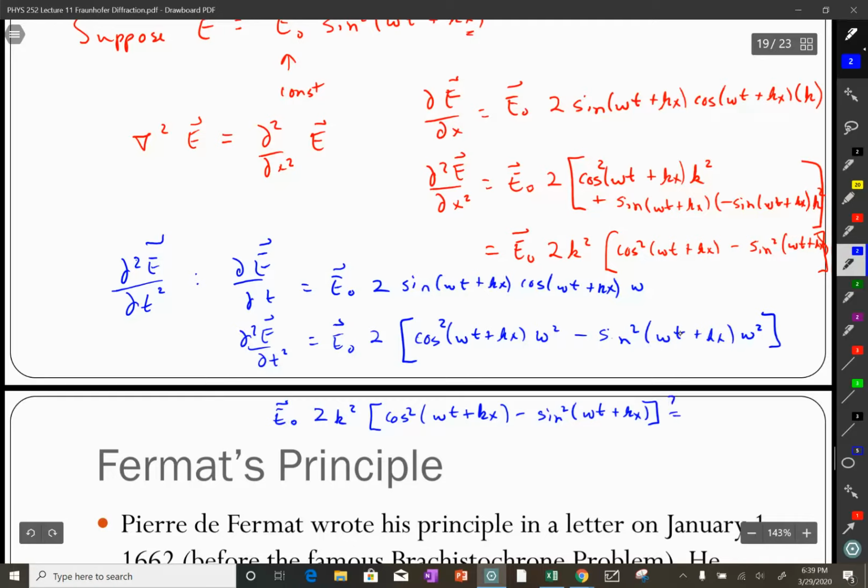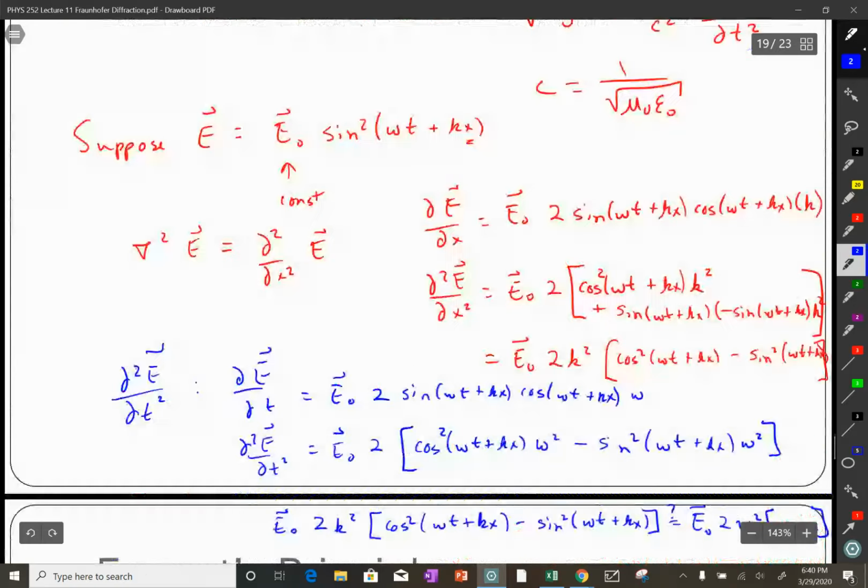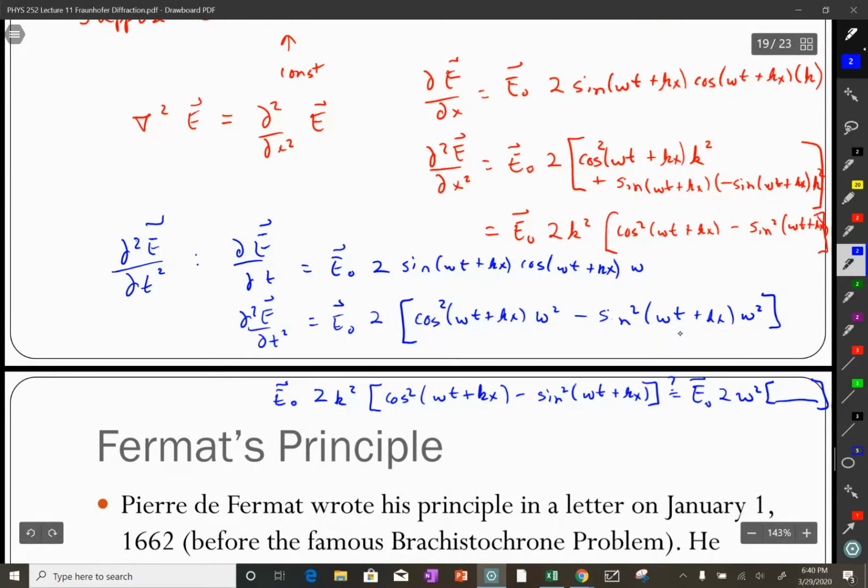Is that equal to, so I'm testing, is that equal to E0 times 2 omega squared times, and this here was the same thing, and then we had mu 0 epsilon 0, or over c squared. So I'm going to put the over c squared. And so does that fit?